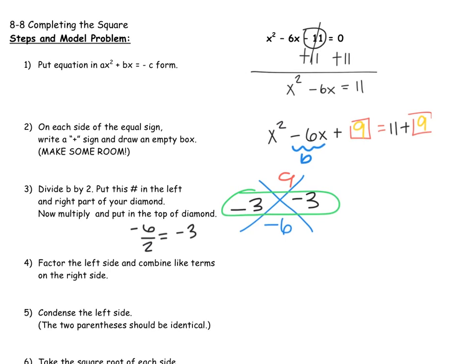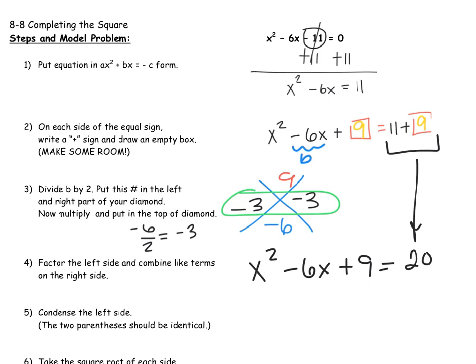Step 4 says factor the left-hand side and combine the like terms on the right-hand side. So I have x squared, let me put it in black so we can read it. We have x squared minus 6x plus 9 equals 11 plus 9, which is 20.